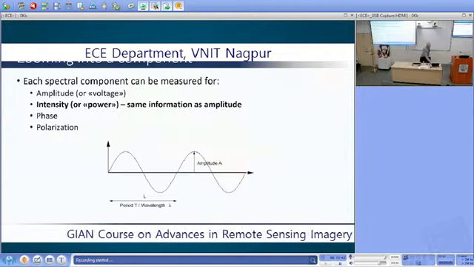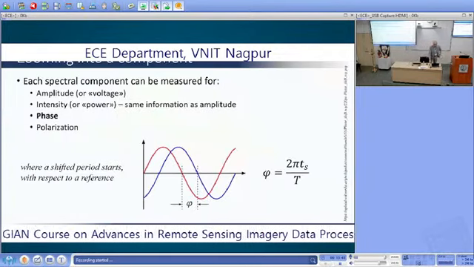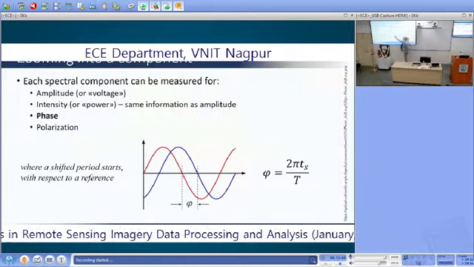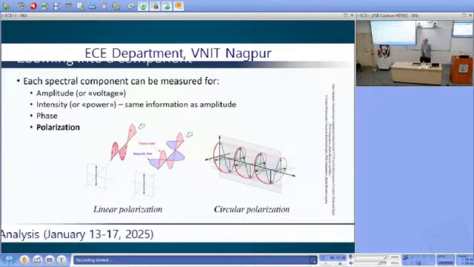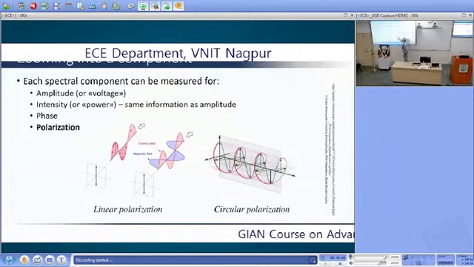But we can also measure the so-called phase with respect to a certain reference, how shifted is that wave. But we can also measure the so-called polarization of that wave, which is what's the direction of the electrical field.